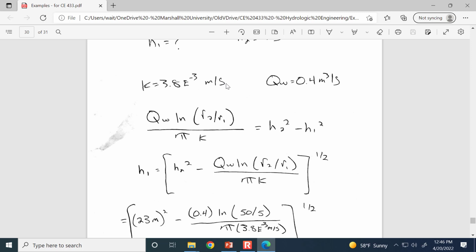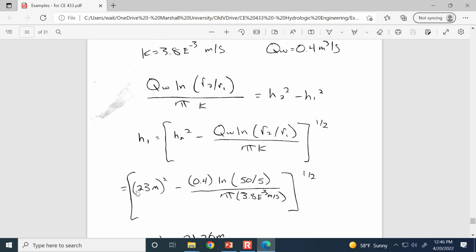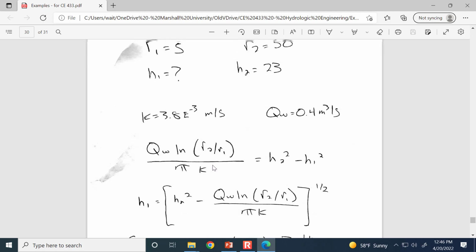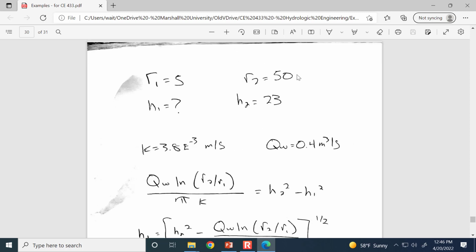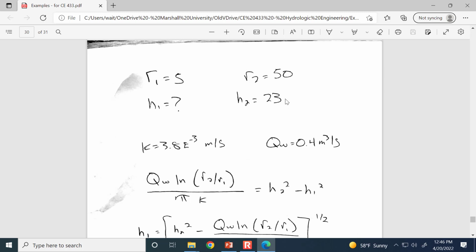So that's what I did: I left it in terms of meters and seconds for both. And so if we just rearrange the formula and we're solving for H1, then it's going to be the square root of H2 squared. So what I said was, let's have location 2 be the spot that's 50 meters away. And the height of the water surface at that location 2 is 23 meters.